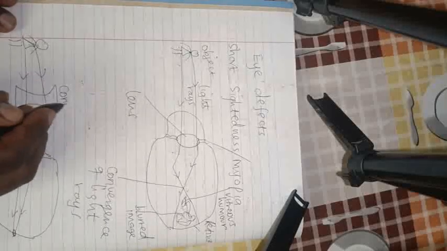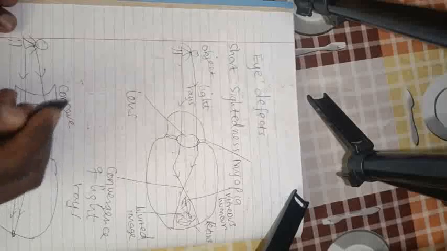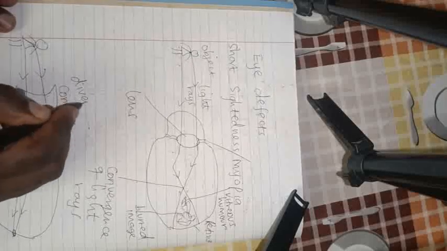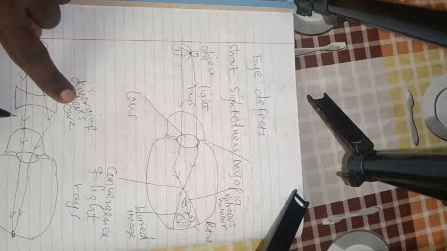When a concave or diverging lens is put on in the form of what we call glasses, which we always put in front of our eyes, then light from the object reaches the concave lens and the diverging lens diverges the rays.